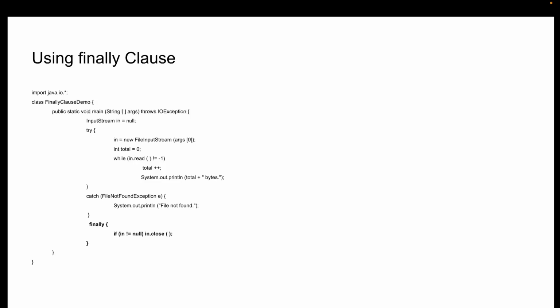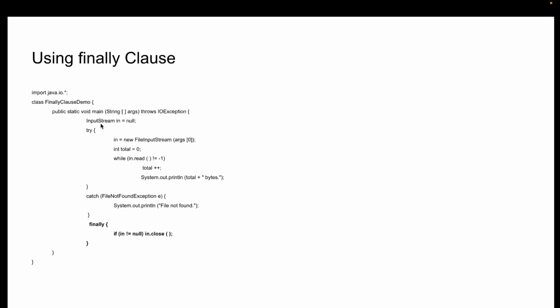Input stream is a class where you read through a file. An output stream is a class in Java that helps you write contents in a file. Input stream helps you read contents from a file. Output stream helps you write contents in a file. So basically we are trying to read through the contents of a file.